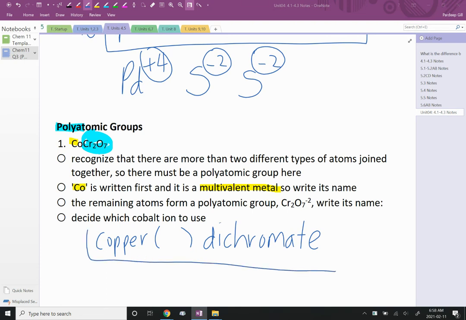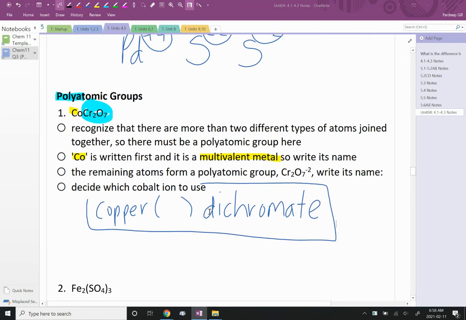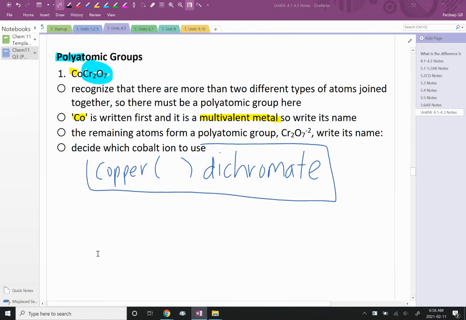So all we need now is to figure out the charge for cobalt. So cobalt, we don't know the charge. Oh, hang on, I've got to change that. I made a mistake. That's cobalt. So for cobalt, what we want to do is figure out its charge.